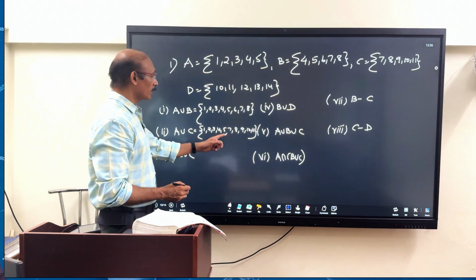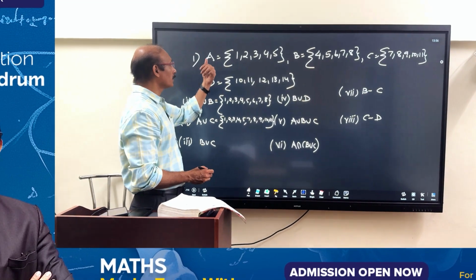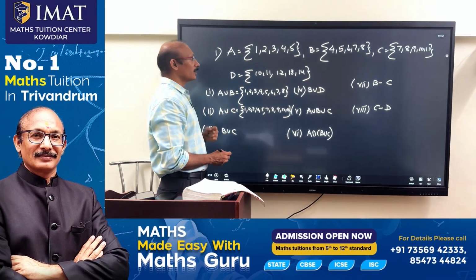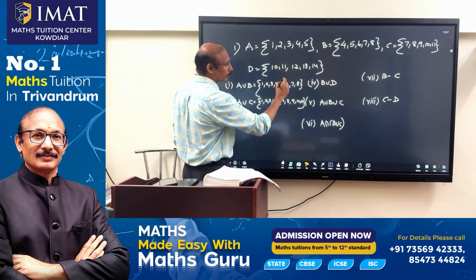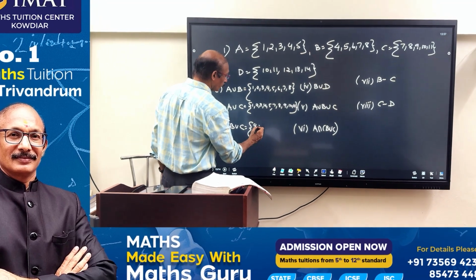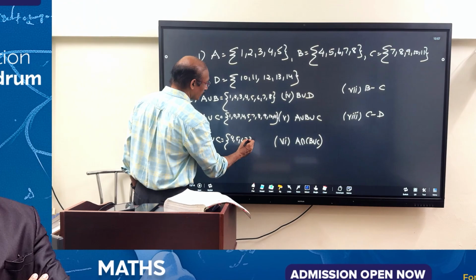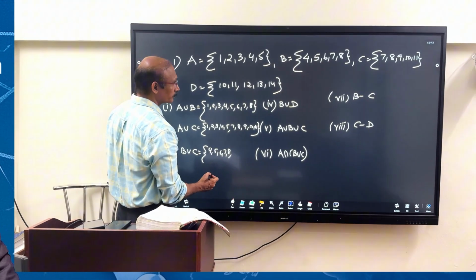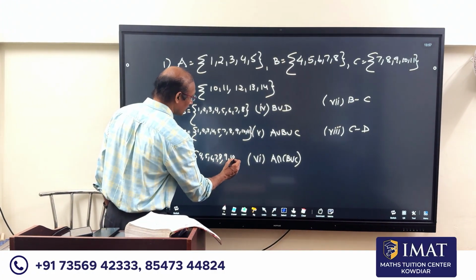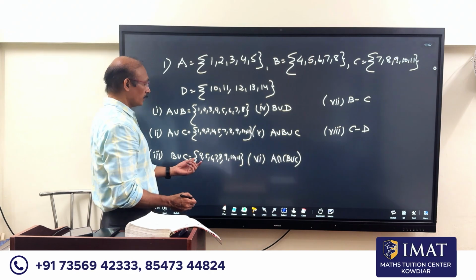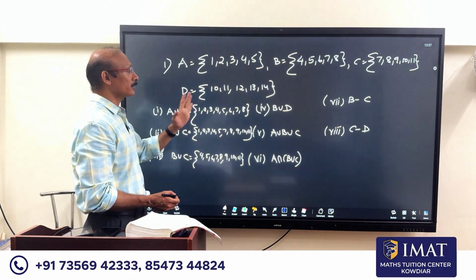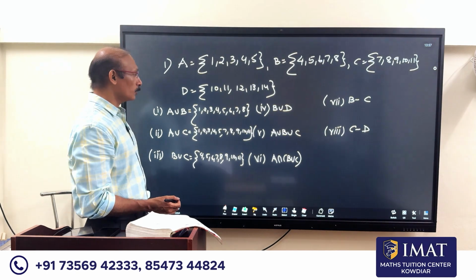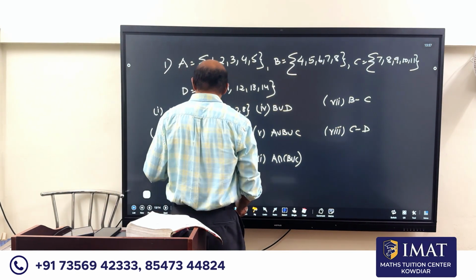You take any element, that element will be either in A or in C. So this is A union C. Let us see B union C. B union C. So it's 4, 5, 6, 7, 8, 9, 10, 11, isn't it? You take any element that belongs to B union C, that element will be either in B or in C. So this is B union C. I hope this is okay, right?